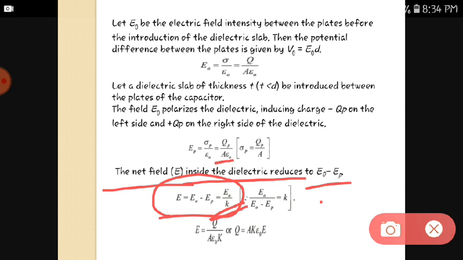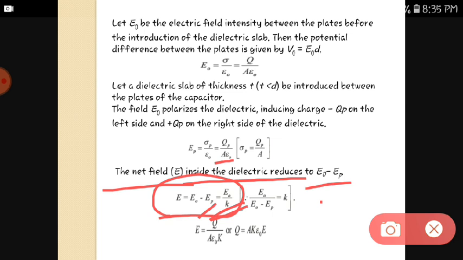Now, why are we just considering E0 over here and ignoring EP? Because EP is the polarizing electric field intensity, which is very small as it gets polarized inside the dielectric, and the directions of EP and E0 are exactly opposite to each other. This is the main thing you have to remember. EP exists over the distance T, which is the dielectric slab's thickness, and E0 is all over the field.